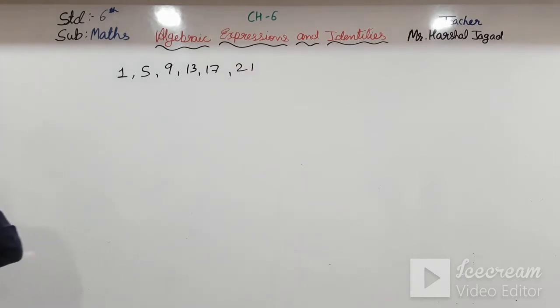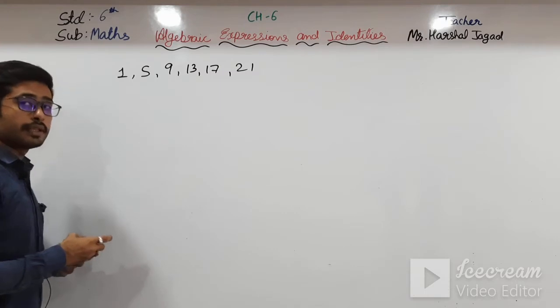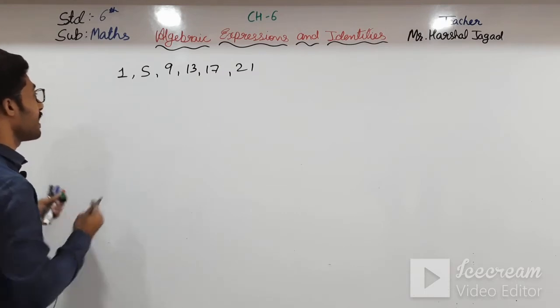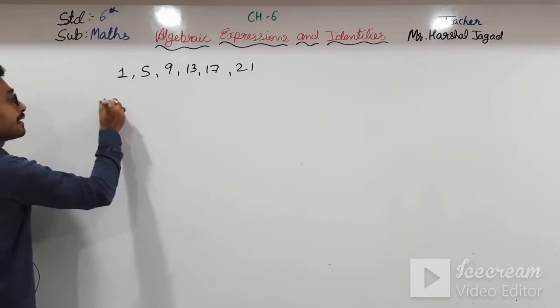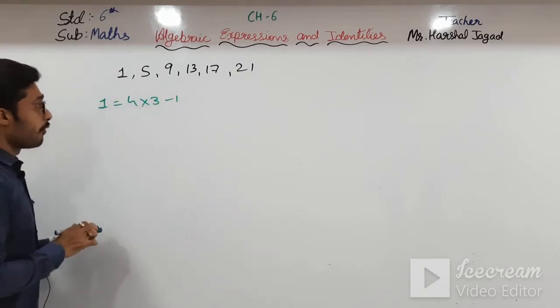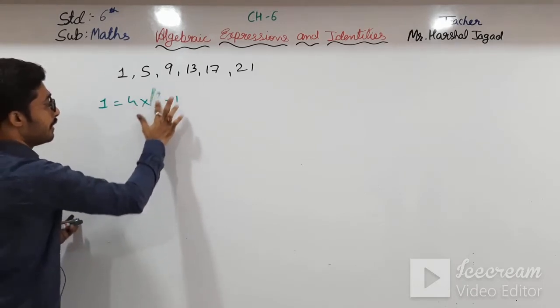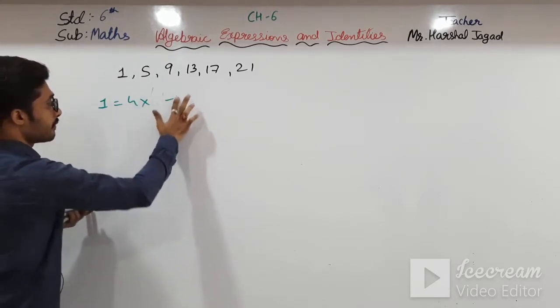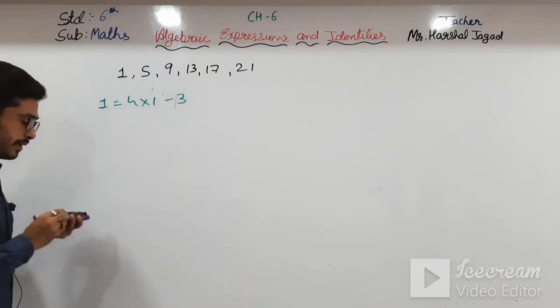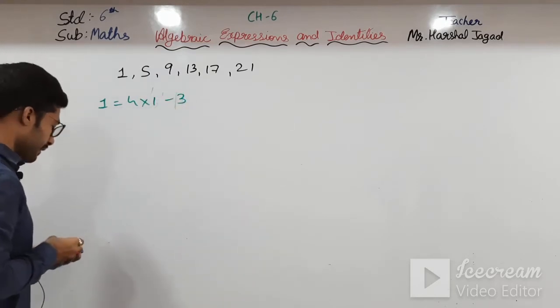Okay students, so let us see one by one how they make the formula. See here, 1 is equal to 4 into 1 minus 3.